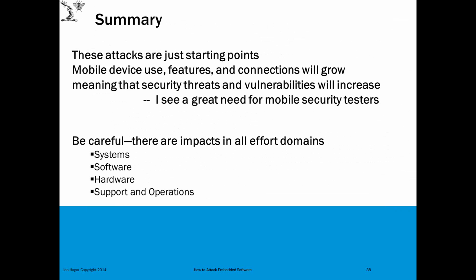This just introduces a whole new set of potential security threats in my mind. We know that there are impacts to the systems, to the software that introduces some of the vulnerability, potentially even to the hardware, and finally to the subordinate operations. All these areas can be affected by security threats from mobile devices. Again, I gave you a small slice of the pie in the security testing of the software with attacks. It's a big problem space, lots to learn.